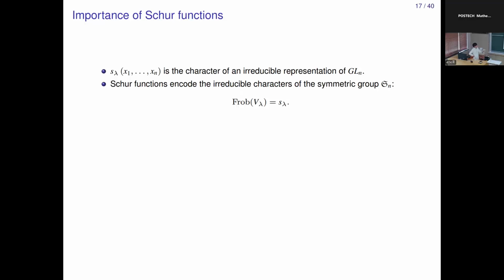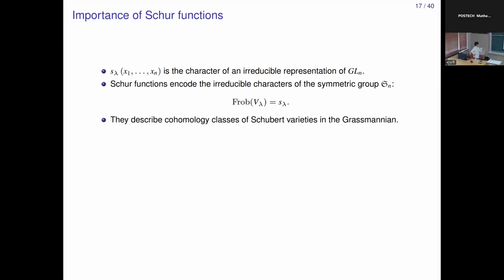There is a map called the Frobenius map, which is an isomorphism between the class functions of Sn and the space of symmetric functions, and it sends the irreducible character to the Schur function. So this means that understanding the representations of Sn is more or less the same thing as understanding symmetric functions in terms of Schur functions.